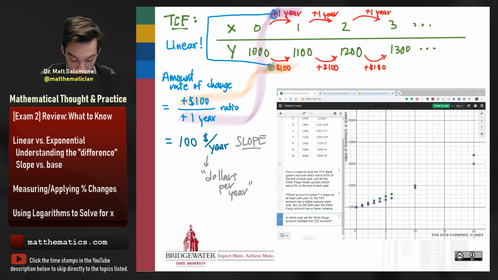Okay, so this number tells me that for every plus 1 year that passes, the value of the account, the investment, increases by an amount of $100.